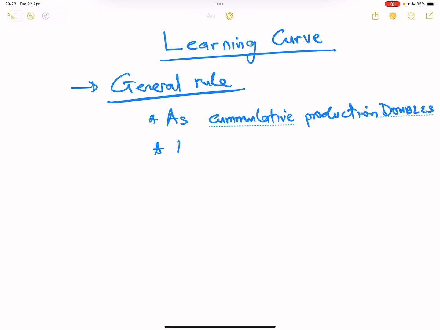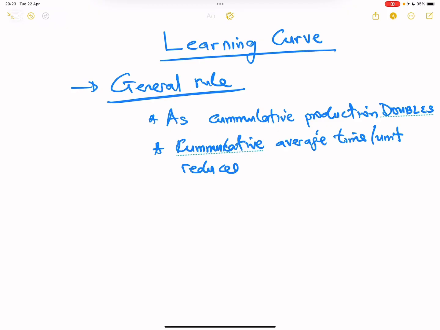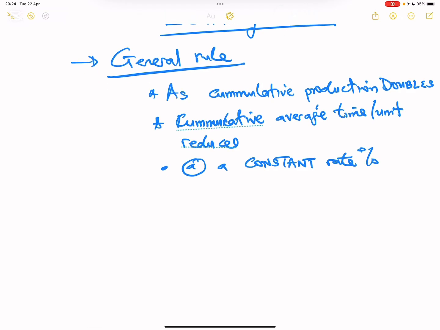We expect that the cumulative average time per unit to also reduce. So that reduces, and that reduction will be at a constant rate, that is a percentage.